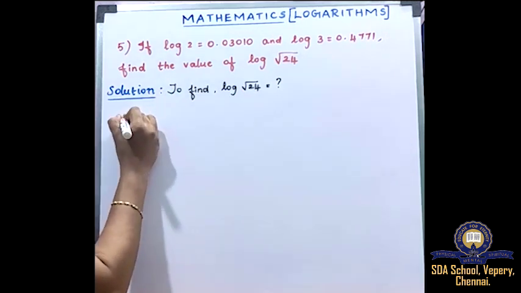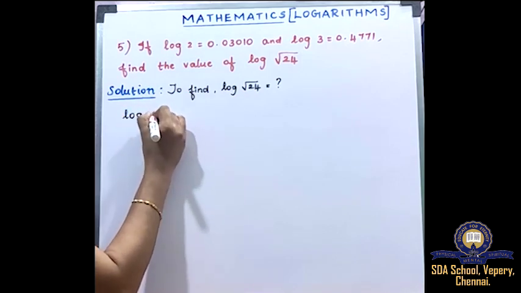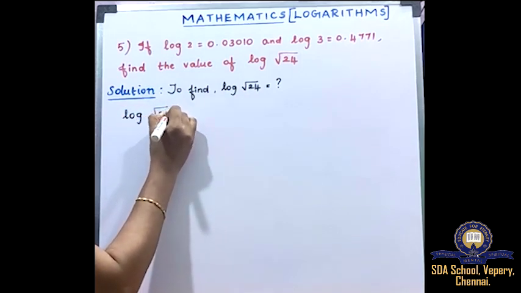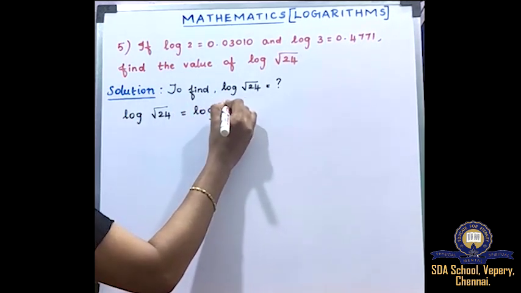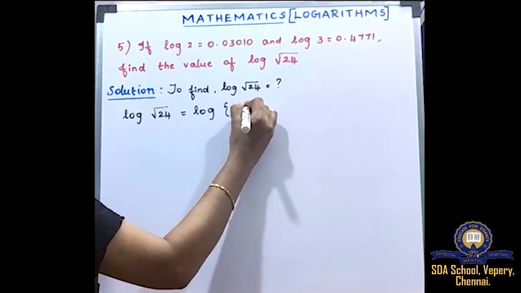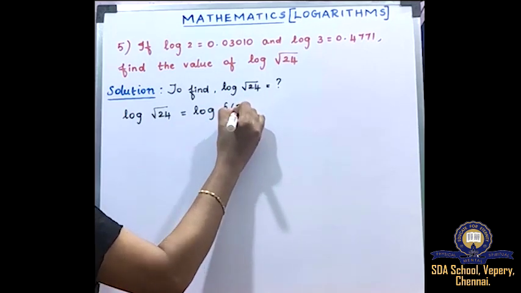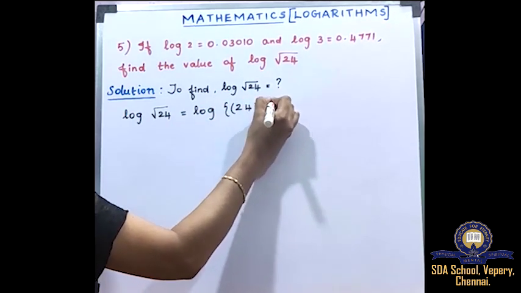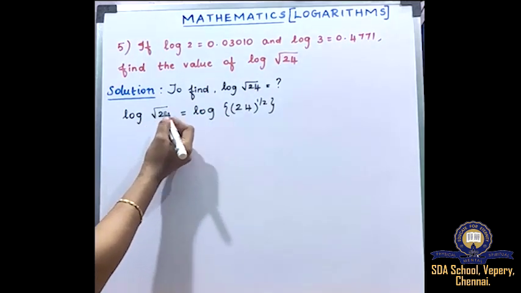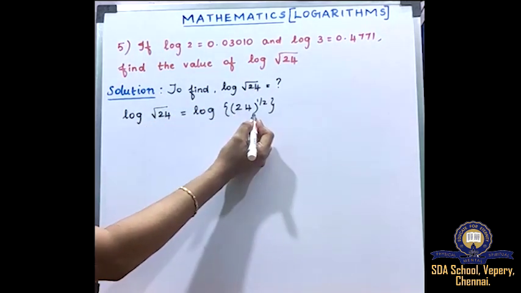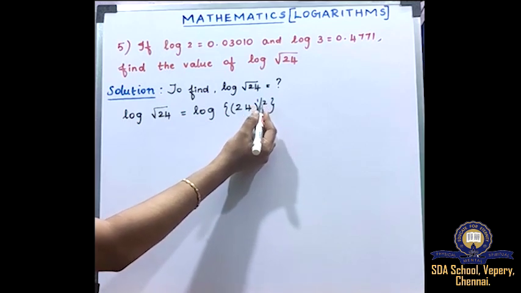Now we can write log root 24 as log 24 the whole power 1 by 2, right? Since this is in the form of square root, we are writing root 24 as 24 power 1 by 2.